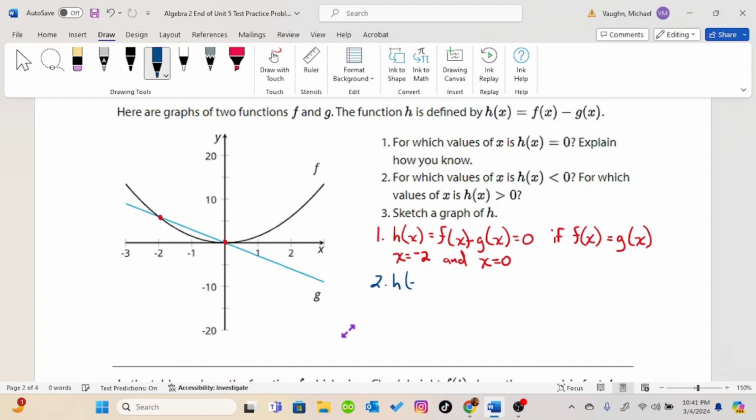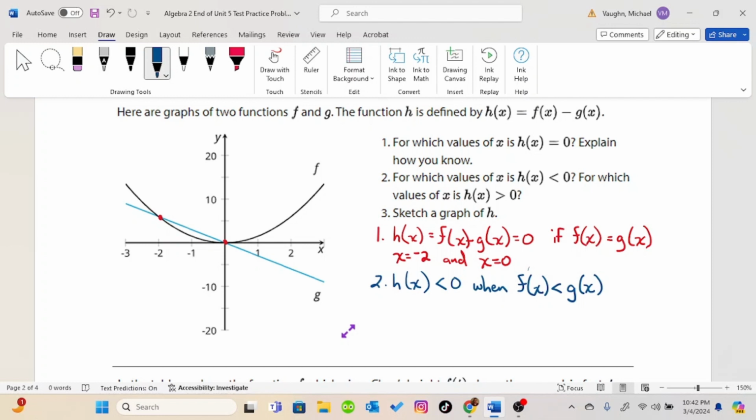So h of x is less than 0 when f of x is less than g of x. If I have a smaller number minus a larger number, my answer is going to be negative. So what we need to do is find out when f of x is less than g of x.